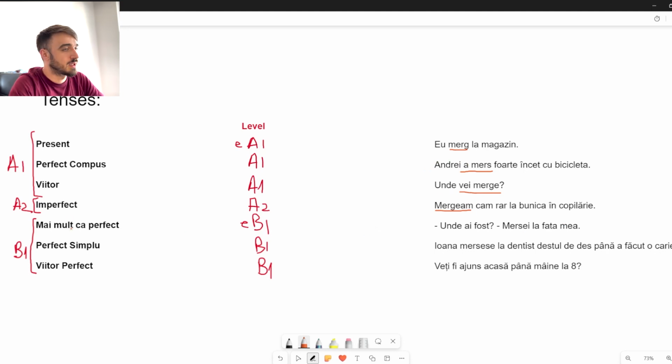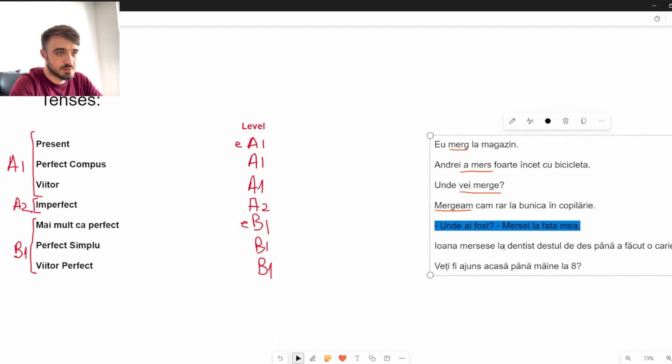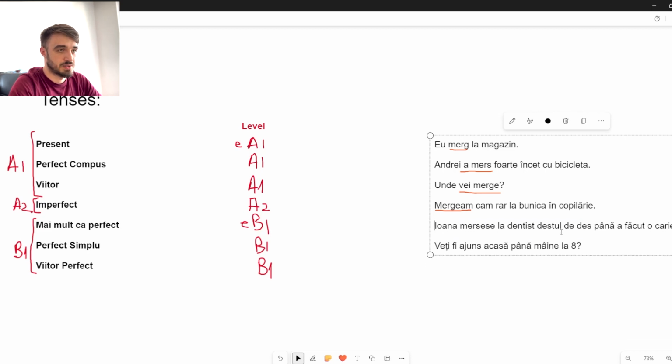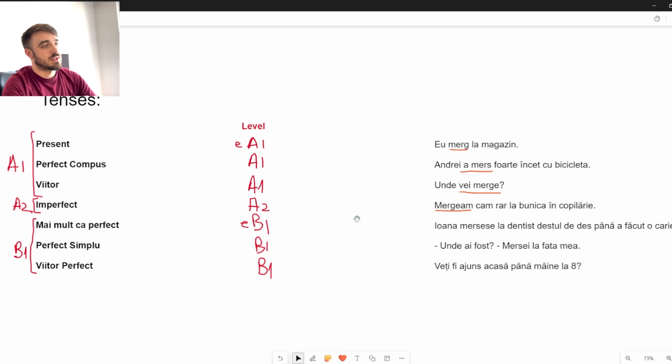Then the B1 tenses, mai mult ca perfect. Yeah, so I forgot to change those when I moved it around. So, mai mult ca perfect, as I said, in English is the past perfect. The had done, had been, had eaten.